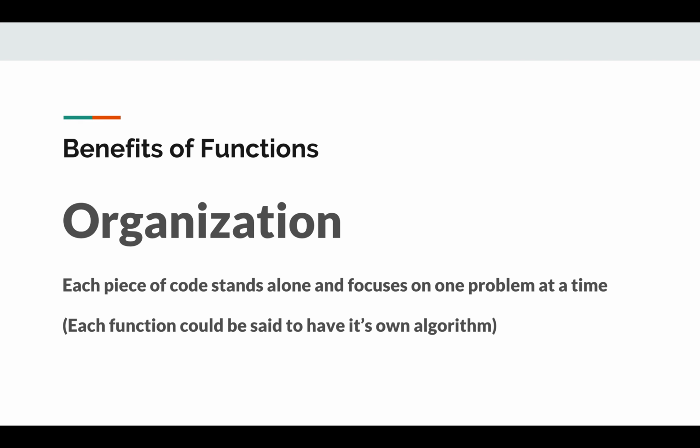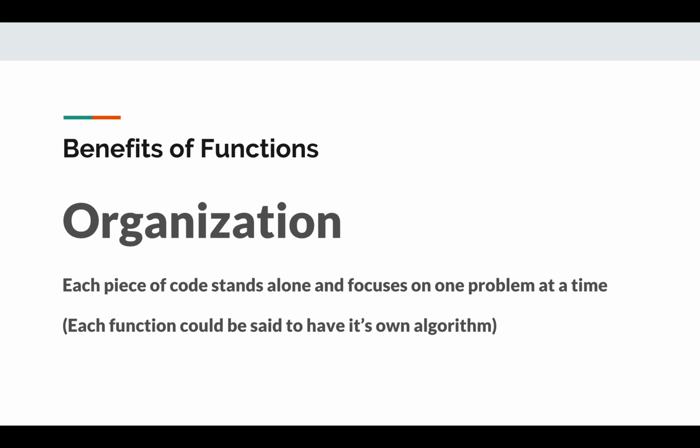So let's talk a little bit about some of the benefits we have with functions. The first one is organization. If we build a program where we mostly use functions to do all of our processing, then every mini problem we have to solve, we can do in pieces.